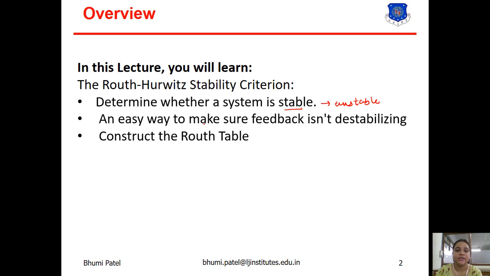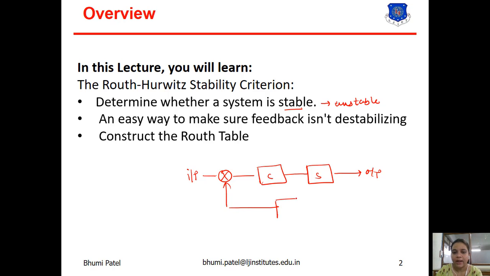Now, an easy way to make sure the feedback is not destabilizing. First of all, in the closed loop system, this is our controller, this is our system, and this is our output. This is the input signal or the set point, and this is our feedback element. This is the feedback signal.